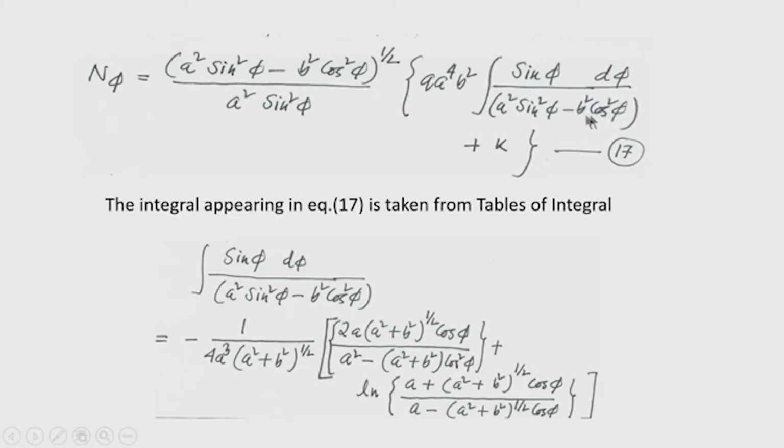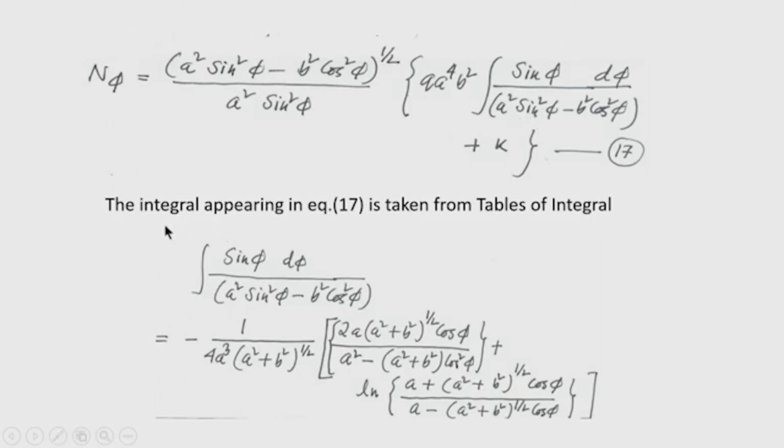So, that integration has to be done. That integration can be done, and tables of integrals provide such types of integrals. Various standard integrals are available in tables of integrals, or it can be done using the principles of integral calculus.